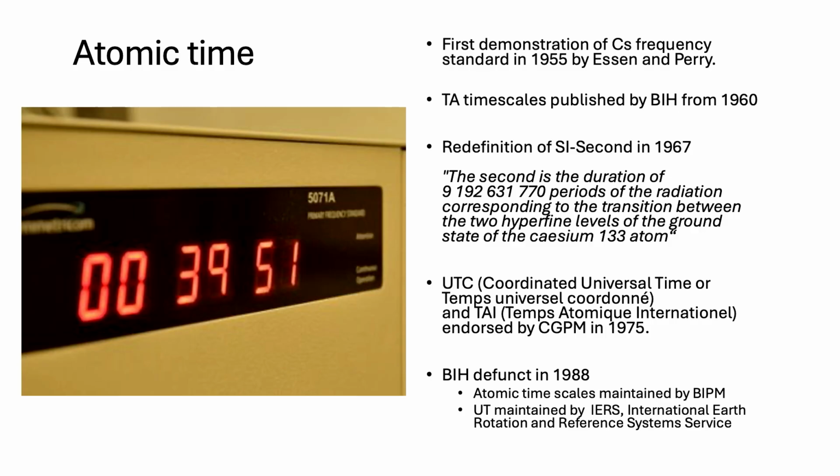As the second last speaker pointed out, the cesium frequency standard was first demonstrated in 1955 by Essen and Parry, and then the BIH started to maintain atomic timescales already in 1960, and the atomic standard was accepted already in 1967, so only 12 years after the first demonstration of the cesium second.